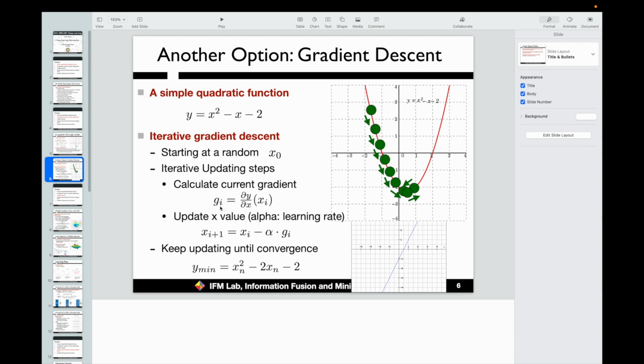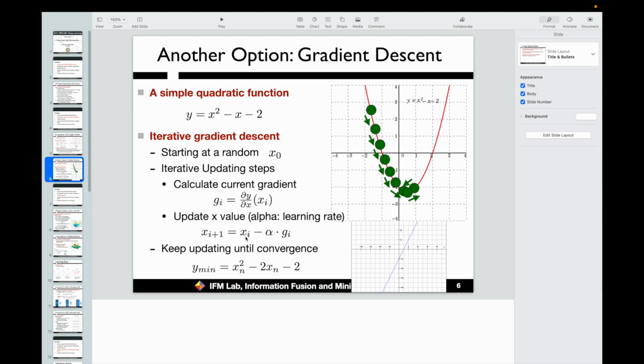And we can denote this gi to be the derivative of this function regarding the variable at each of the points. Then, based on the gradient as well as its current variable value, like x0, we can further update x to a new value. The updating equation is xi plus 1 equals xi minus alpha times gi.